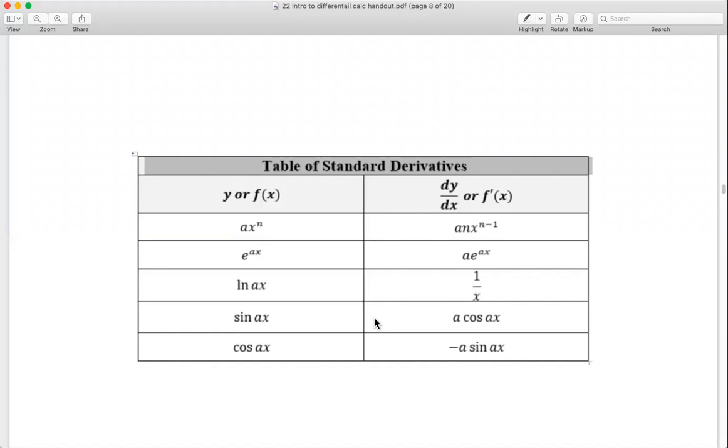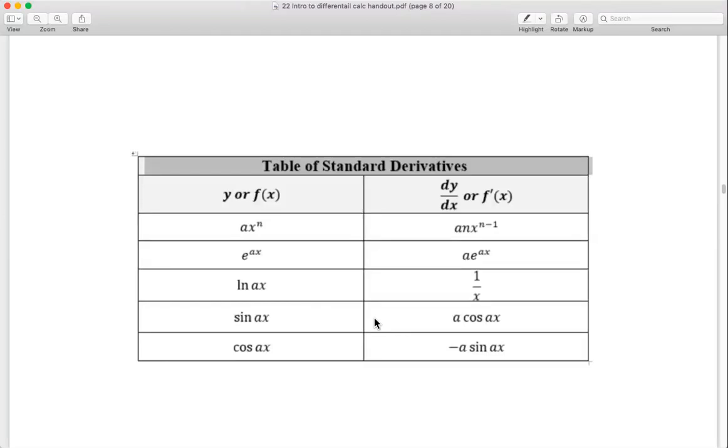We'll be doing some basic ones like all of these, hopefully this morning. If we have a function that is e to the ax, we bring the a out and keep e to the ax. E to the power of x is a very special function because its derivative is the same as the function itself. The derivative of ln x is simply 1 over x. The derivative of sine ax is a cos ax, and of cos ax is minus a sine ax. So we use that table to determine what the derivatives of basic functions are.